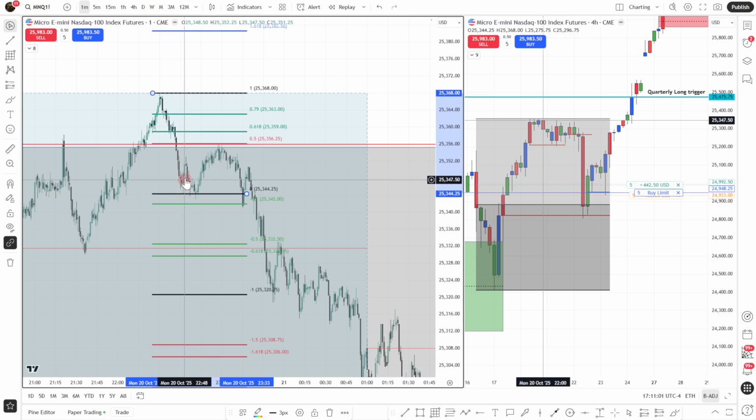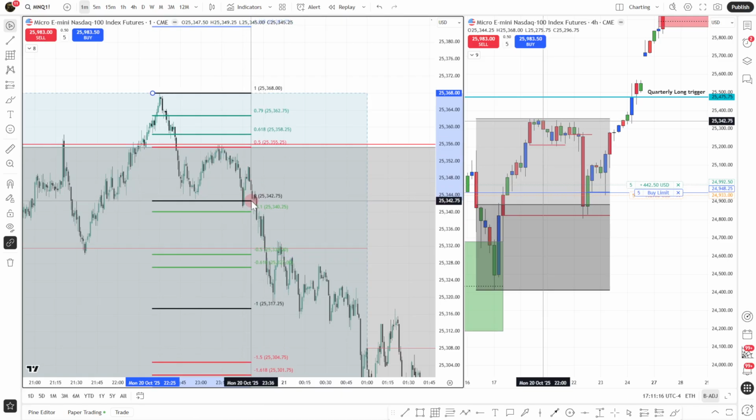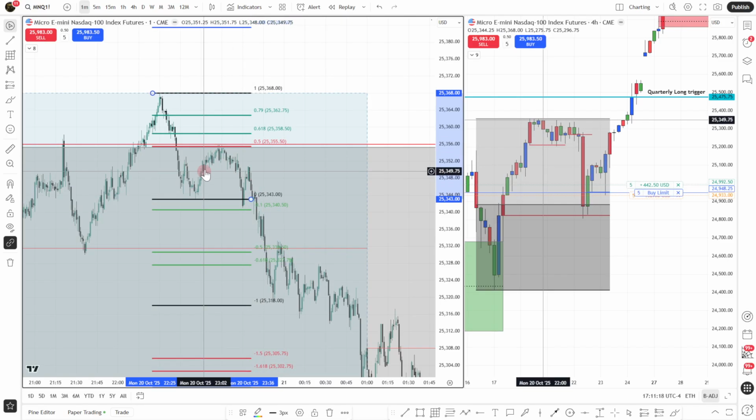But the initial reaction off of this is it doesn't even come up into here. Okay, then if I go to the next one, really there's no reaction and it runs it again. And that's now at equilibrium. And then this one right here, oh, now we get the reaction.